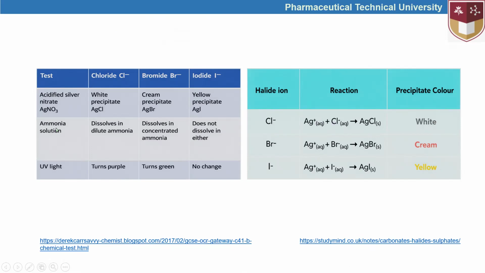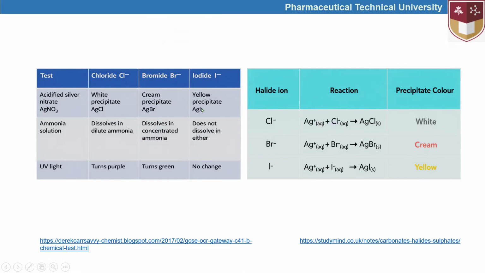When we add ammonia solution to the silver chloride precipitate holding solution, it starts to dissolve. The diluted ammonia solution dissolves silver chloride. When we add concentrated ammonia to silver bromide, we can observe the dissolution of this precipitate as well.